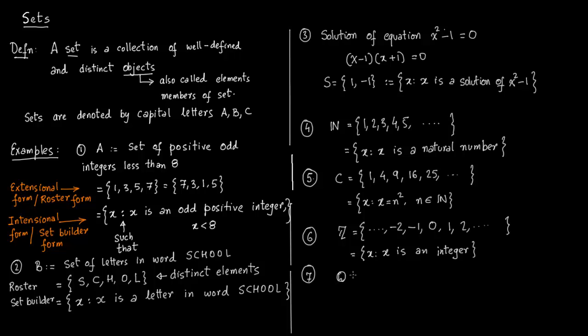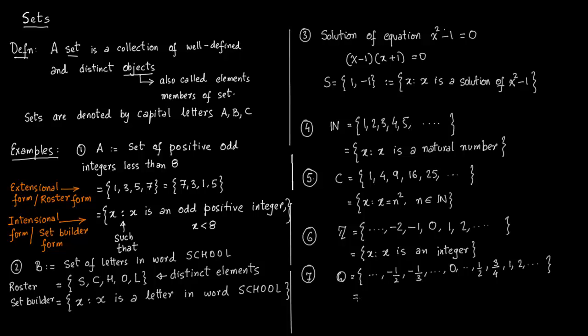Example number 7. Here we talk about rational numbers. Rational numbers are a big set. They contain all the integers and they also contain fractions like minus 1/2, minus 1/3, minus 1/4, minus 3/4, 0, 1/2, 1/3, 1/4, 1/10, and it also contains integers like minus 1, minus 2, 1, 2, and so on.